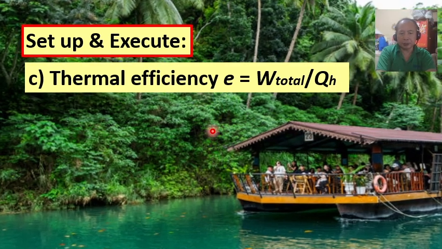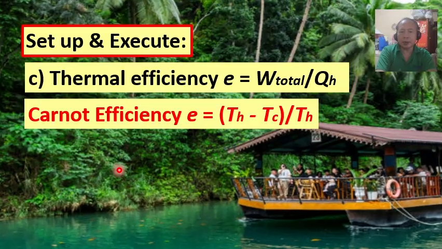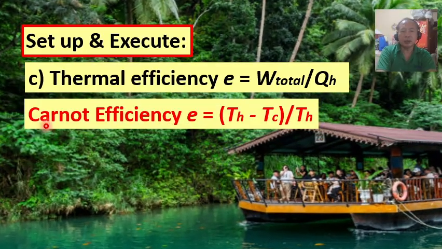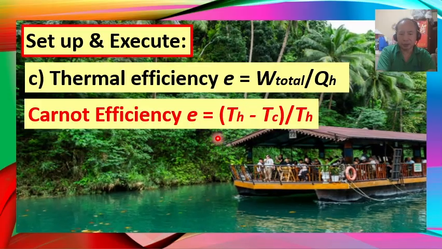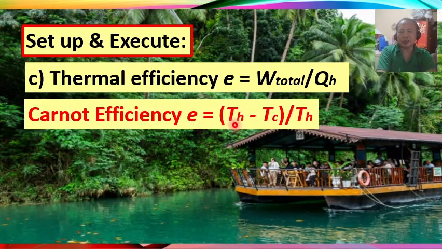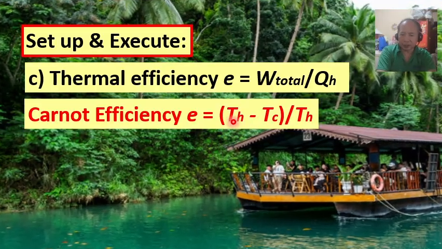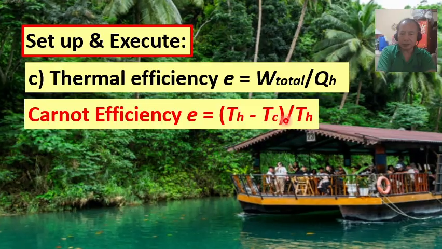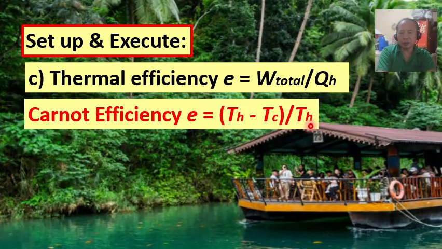But in a particular problem, we make use of the Carnot efficiency, also known as the ideal efficiency of the Carnot engine, equal to the difference of Th and Tc, that is Th minus Tc, divided by Th.